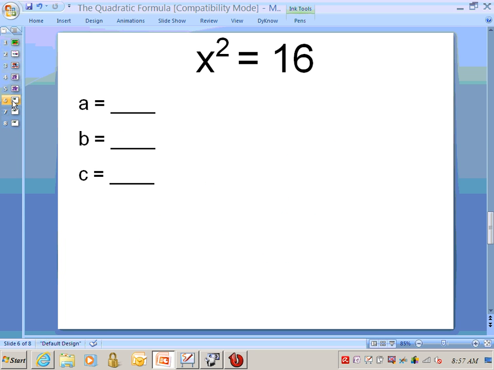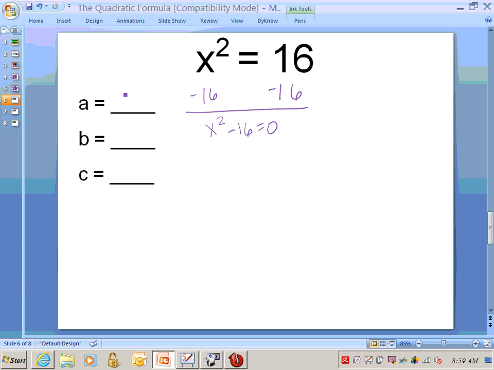Okay. Write this one down. Okay, what's wrong with this one? I just put 0. Subtract 16. Good, I have to subtract 16, right? So my new equation is x squared minus 16 equals 0, right?